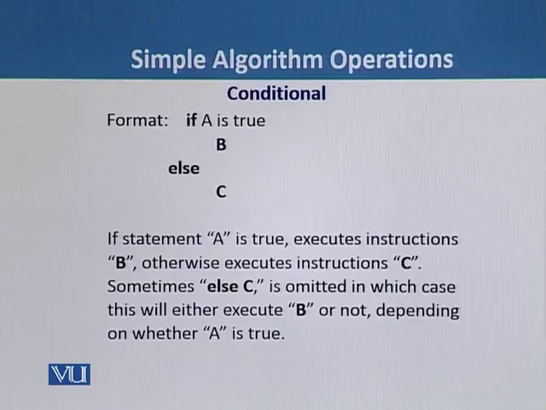So this is the third example of these simple algorithm operations, and here we use a conditional algorithm. In this case we can see here the word if is written.